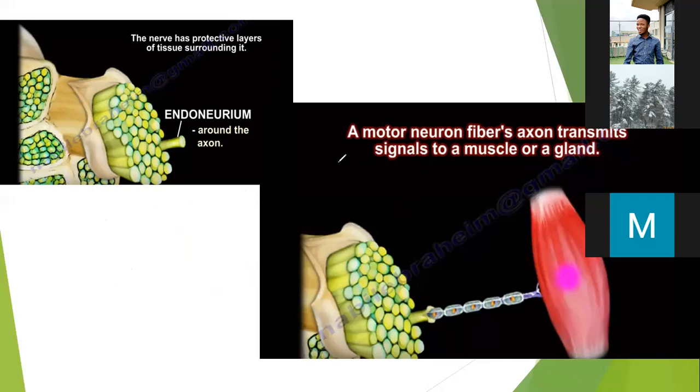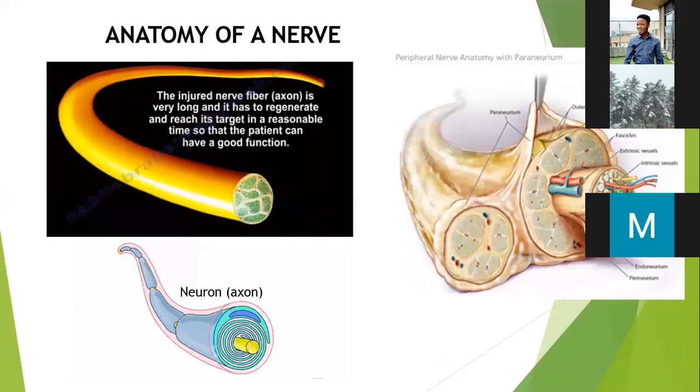So actually, if you want to remember, just keep in mind the diagram that I had shown here. This one is more clear, only that I have enlarged it so that you can see the diagram. The writing may not be clearly legible, but you can see this part that is cut here, that is the epineurium.